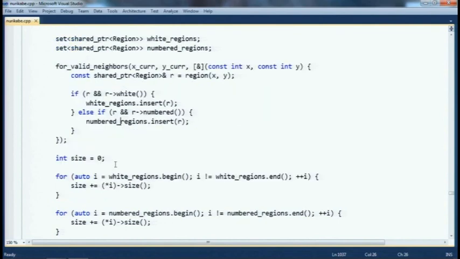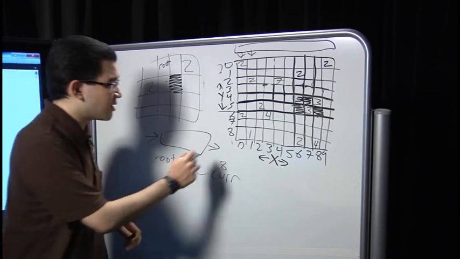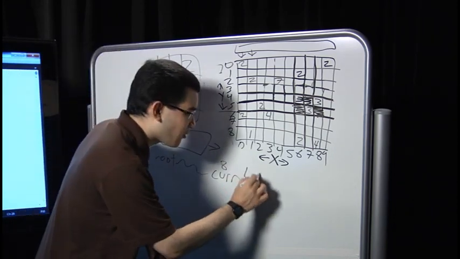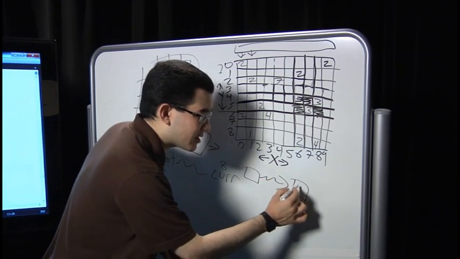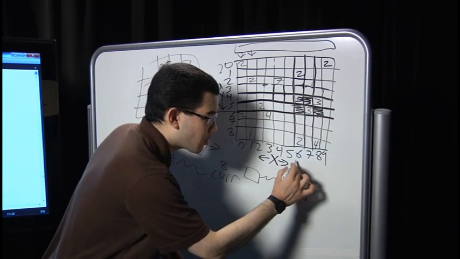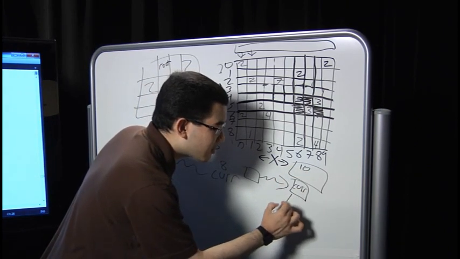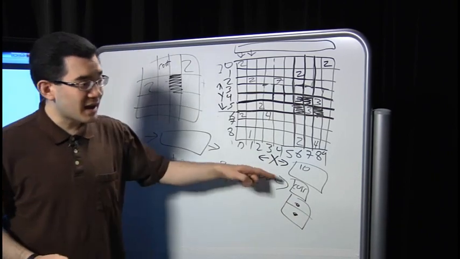Then I'm going to total up the number of cells that would be produced, the size of the region that would be produced. So imagine that I've got a cell over here, and it finds a cell here. This is the cur cell, and it's bordering a region here that's marked maybe with a 10, and it's bordering here a white region that is of size 2. I want to know, can I consume cur?